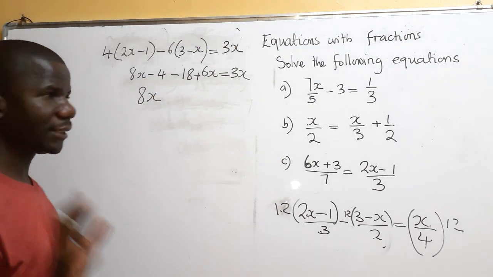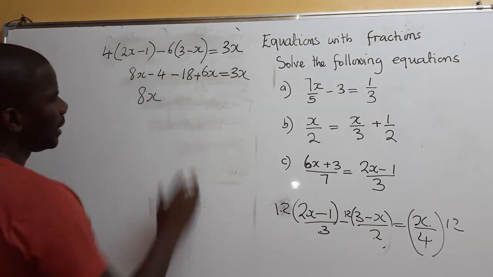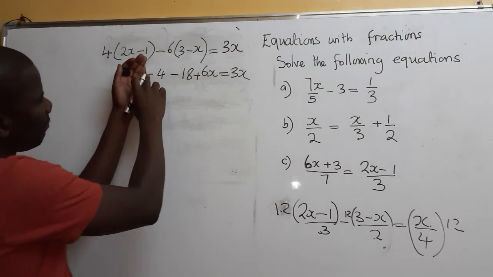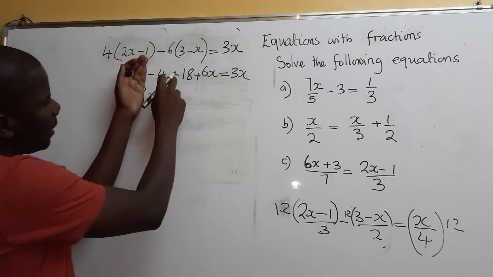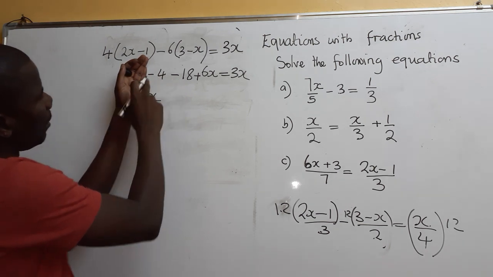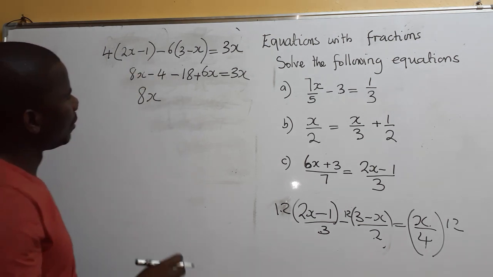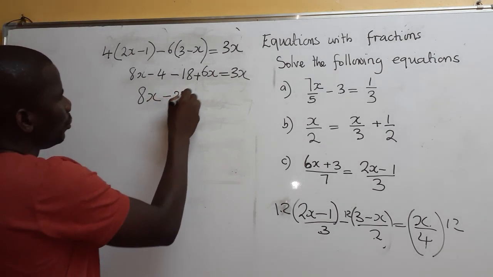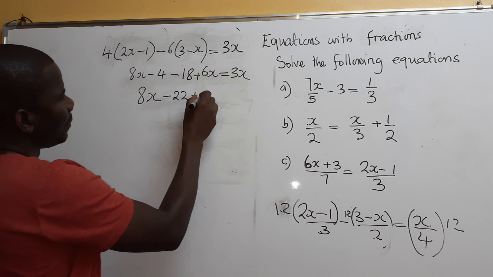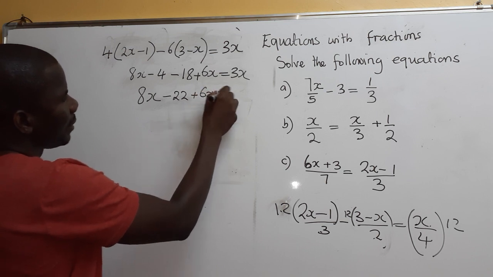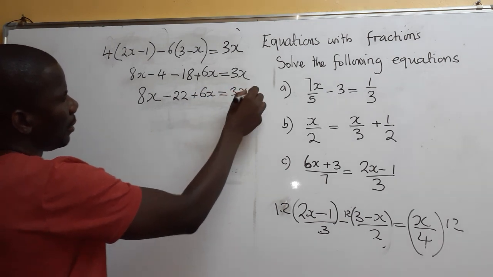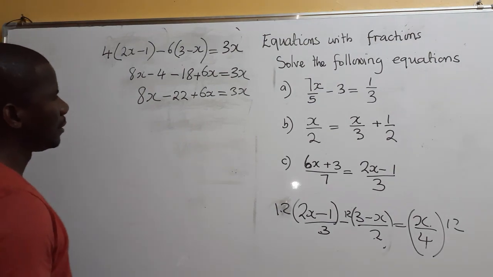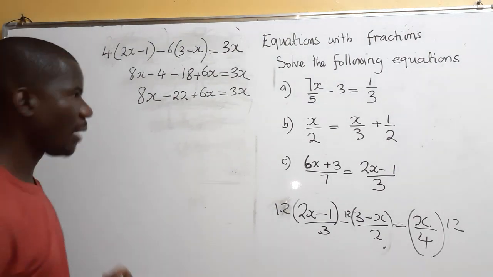Very important, pay attention to those. This is where most of the learners make mistakes. When you want to simplify this, you take cognizance of the signs. So this will be minus 22 plus 6 is equals to 3. All right? So we're just breaking it down.